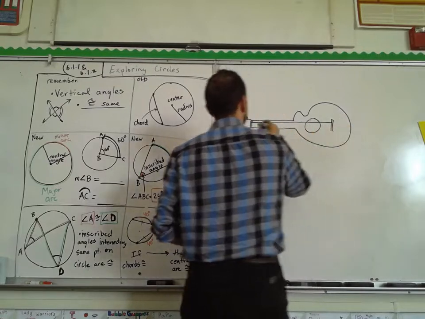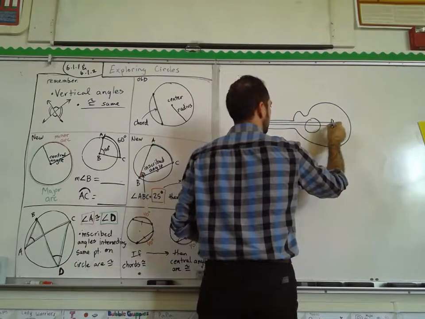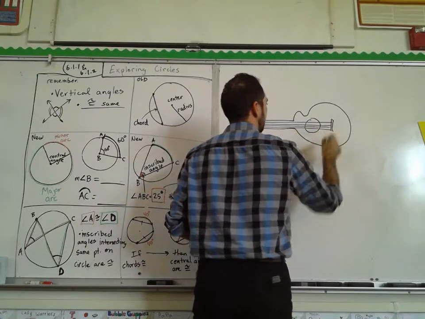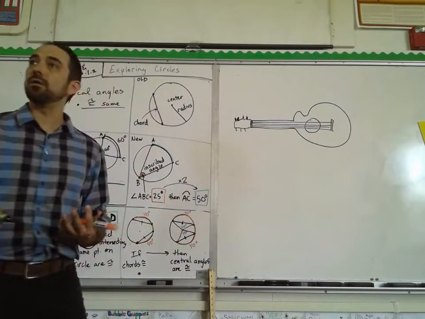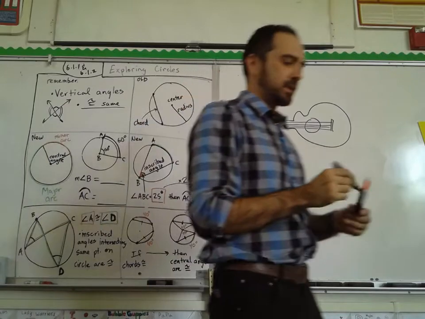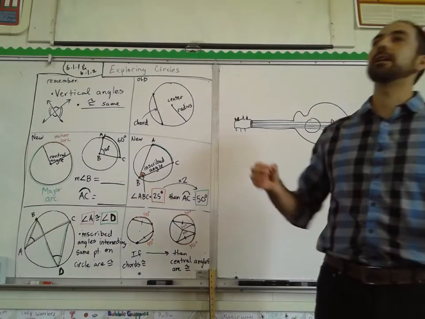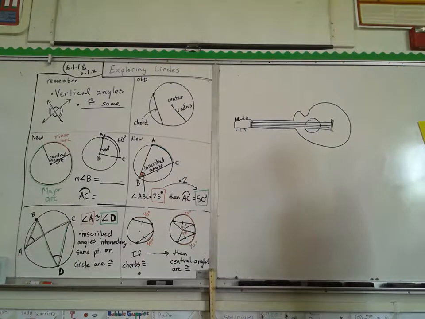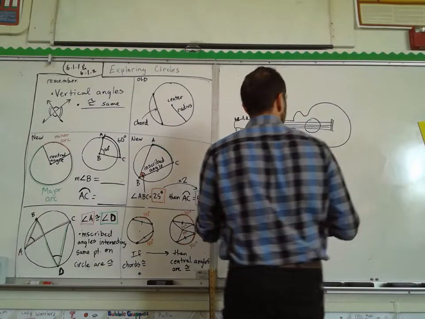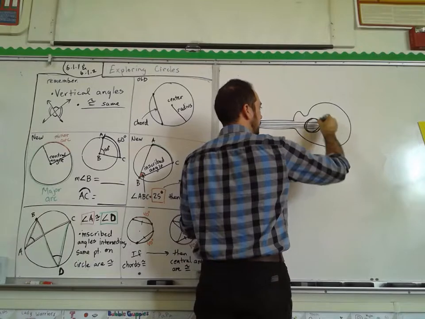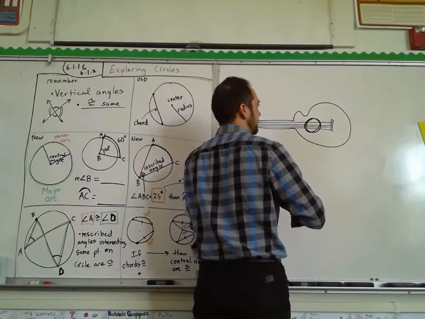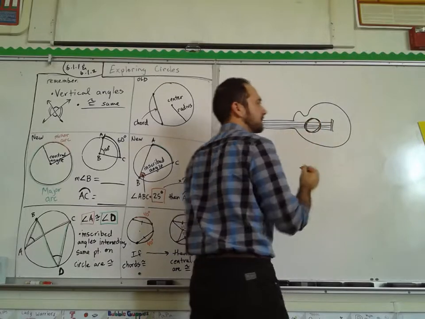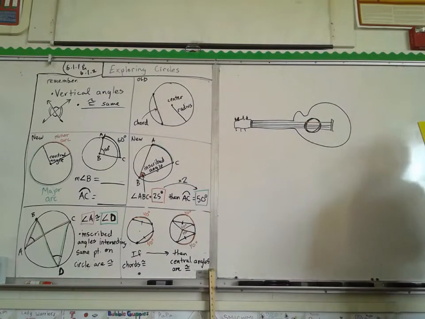But these strings go across, it's ukulele actually. The strings go across the hole, right? And when you play guitar, what can you do? You can strike a chord, right? So I think of this, if this is my circle right here, then my chord is just any line that starts on the edges of the circle and splits that circle with one little segment there. Okay, so strike a chord.